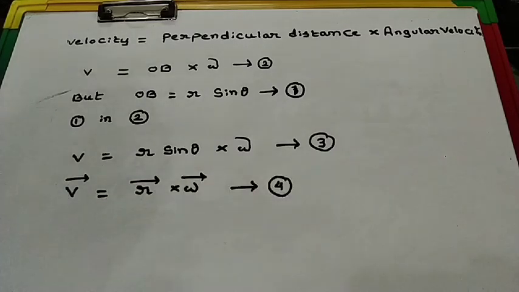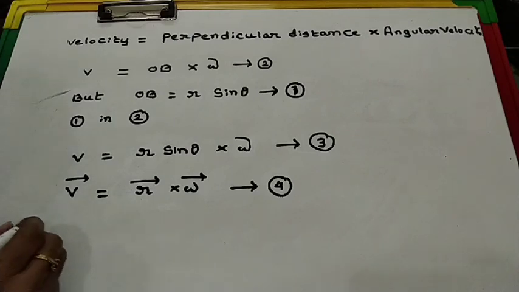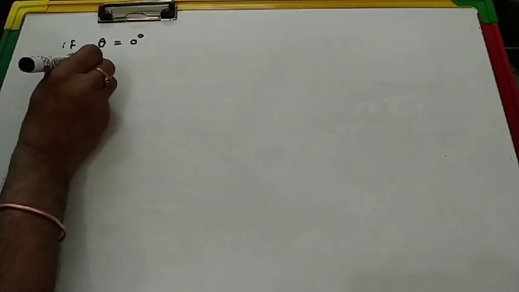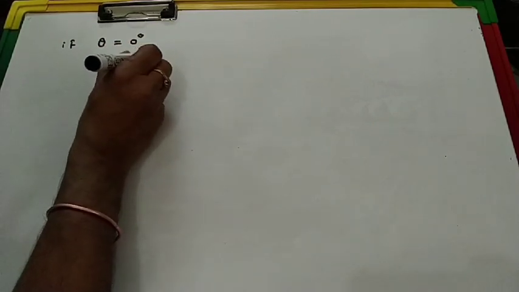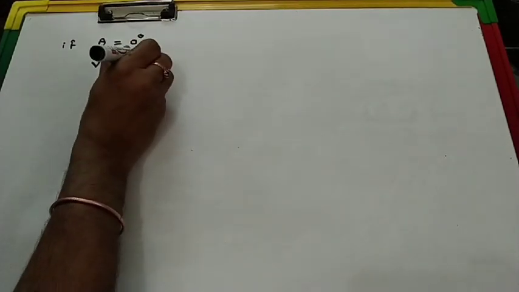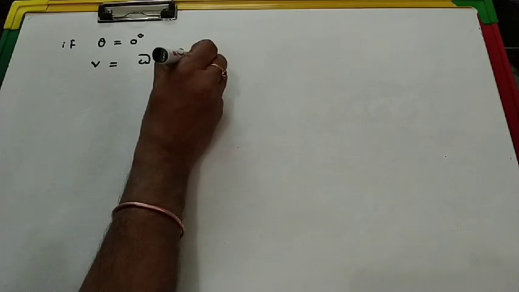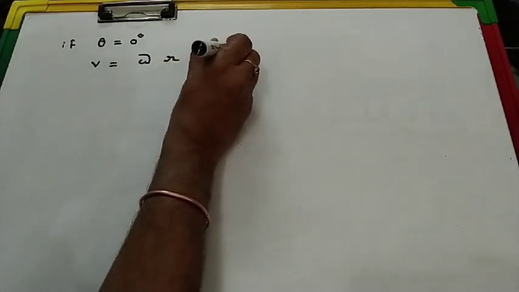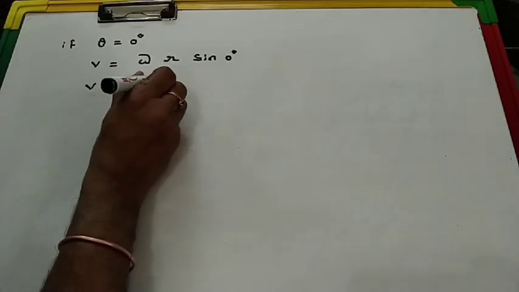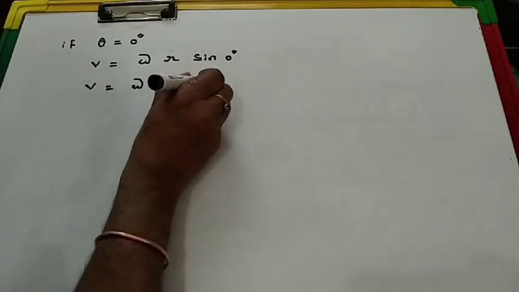Equation number 4. Special cases. If theta is equal to 0 degrees, then velocity V is equal to omega r sine 0 degrees, which is omega into r into 0.